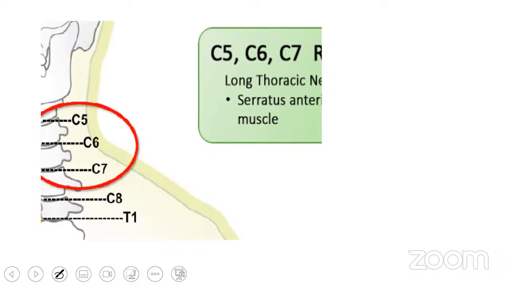So in the brachial plexus, two nerves come from the roots: the dorsal scapular nerve, which supplies the rhomboids, and the long thoracic nerve, which supplies the serratus anterior muscle. If these are involved, then clinically the pathology is in the roots.